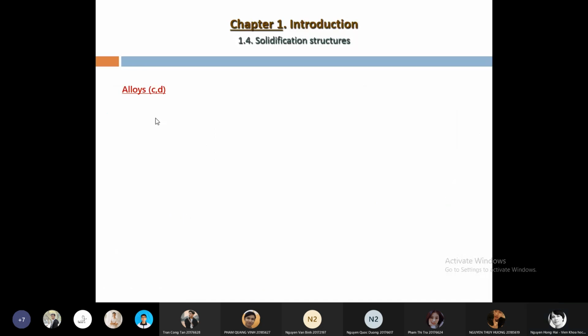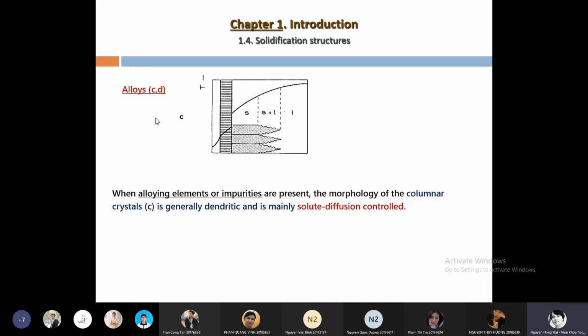In the alloy, you have a different picture. In the alloy, you have the solute or alloy element, impurity. They are present. So we have the columnar crystal. In the case of the pure metal columnar, we have no dendrite.